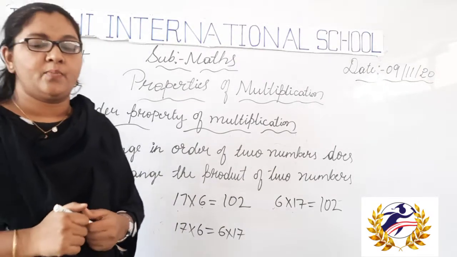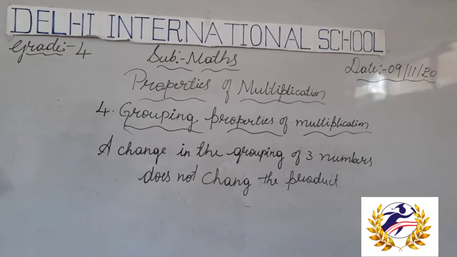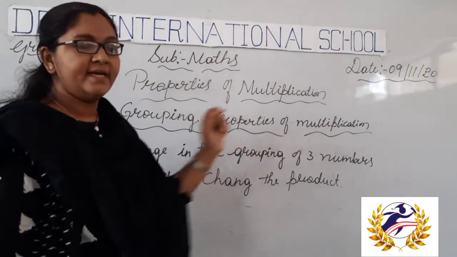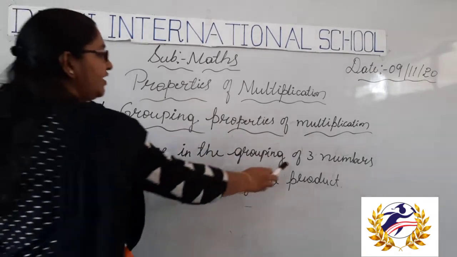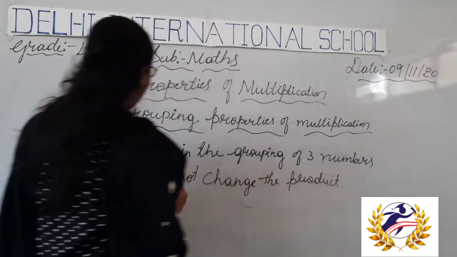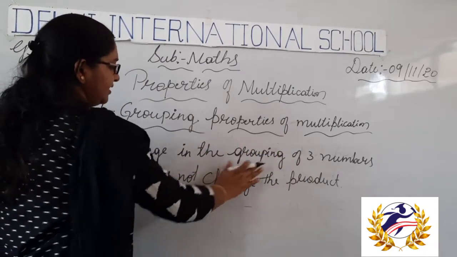Okay, children, next property now. The fourth property is the grouping property of multiplication. A change in the grouping of three numbers does not change the product.